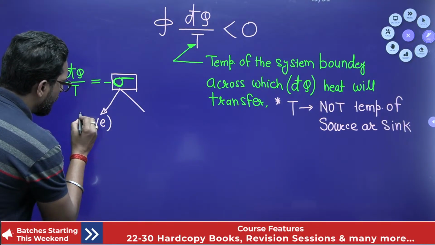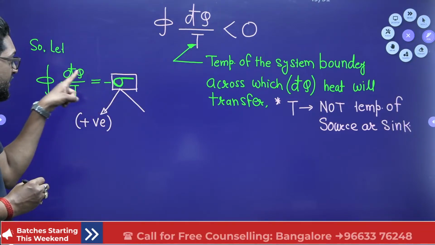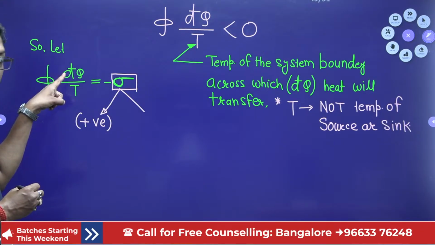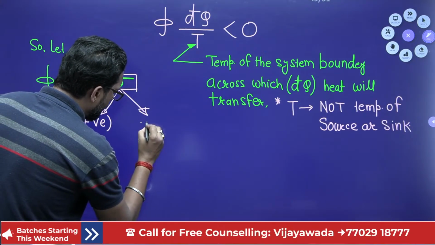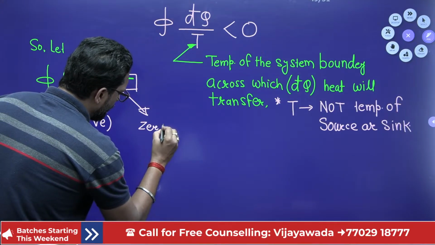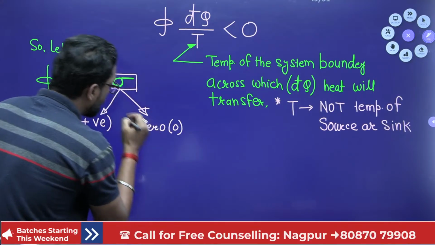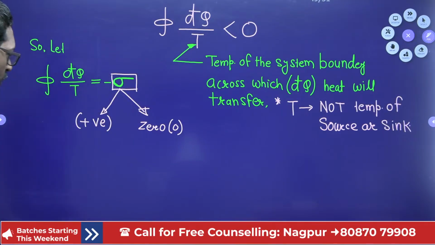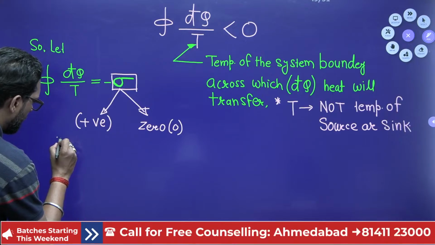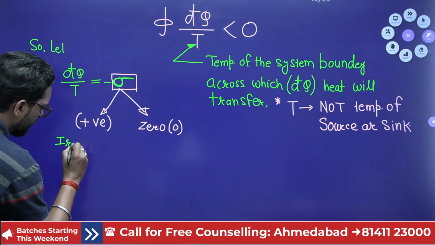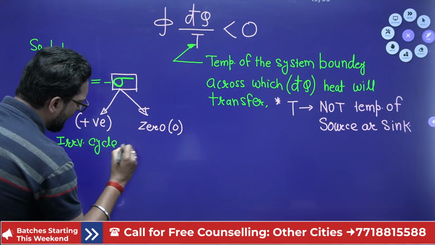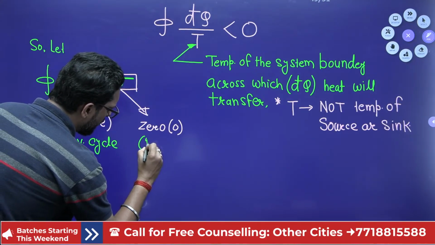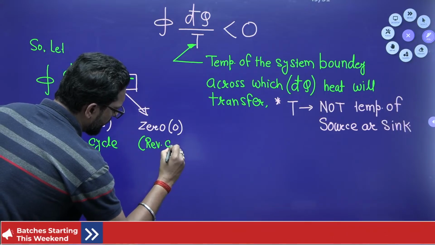If rho is positive, that means this is for an irreversible cycle. If rho is 0, that means it is for a reversible cycle. This is very important. So positive for an irreversible cycle and 0 for a reversible cycle.